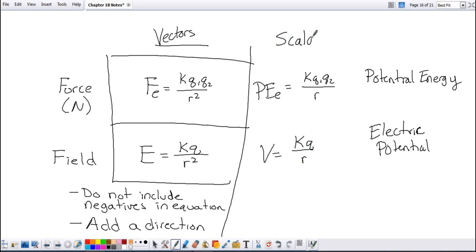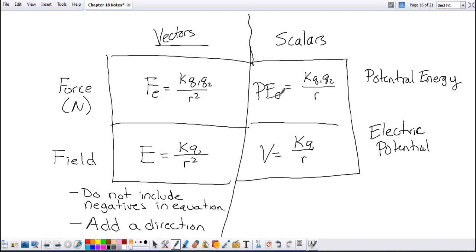These are scalars, okay? Potential energy and the electric potential are scalars, which means we do include the negatives for our charges, but there is no direction. Okay? There's a lot of things that look and sound alike, okay?